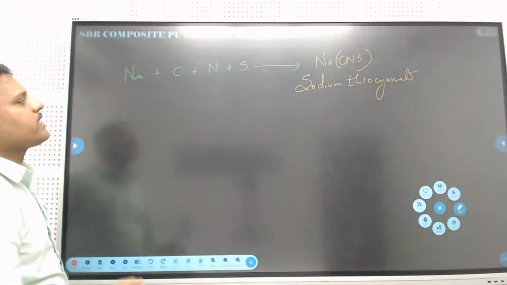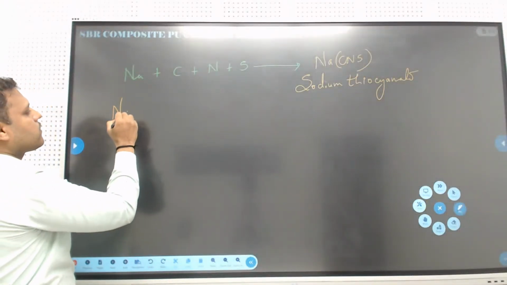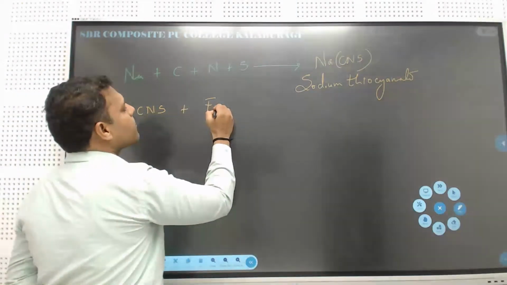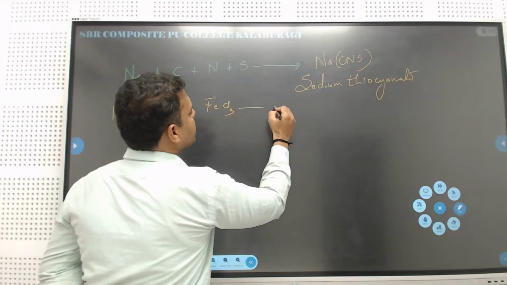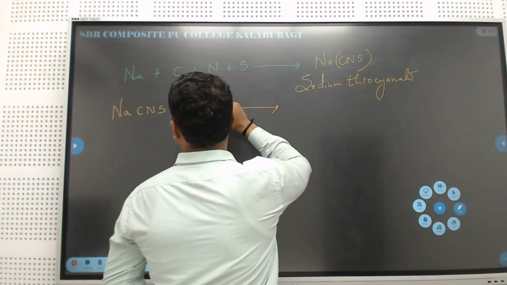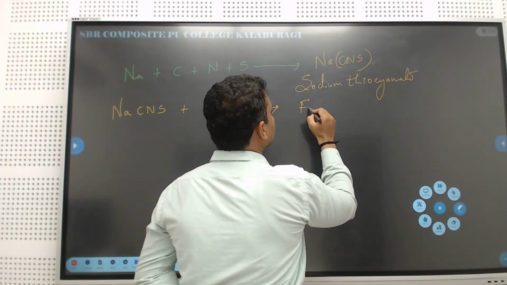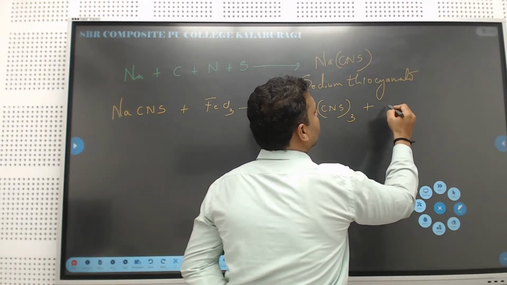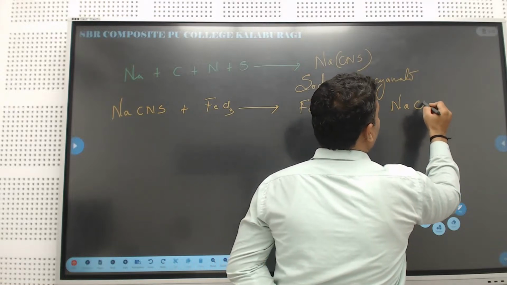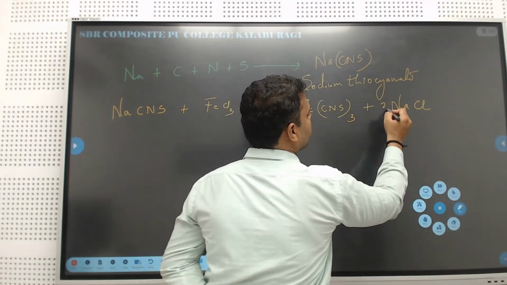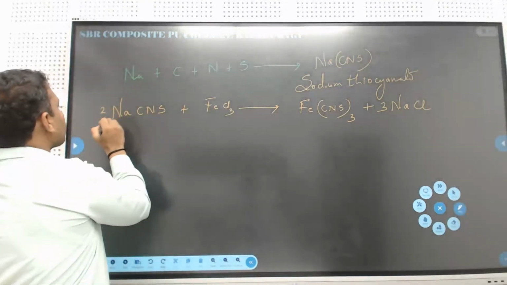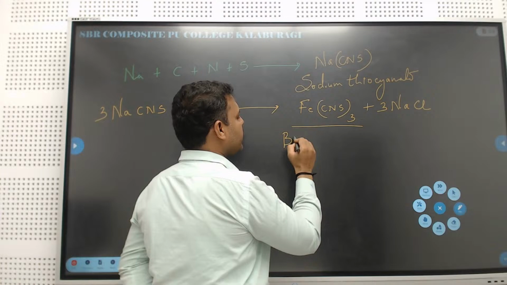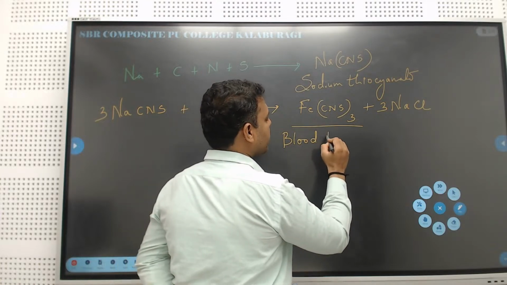Formation of this compound is indicated by, when we add FeCl3, we will get, so this compound formation is indicated by the appearance of blood red color.